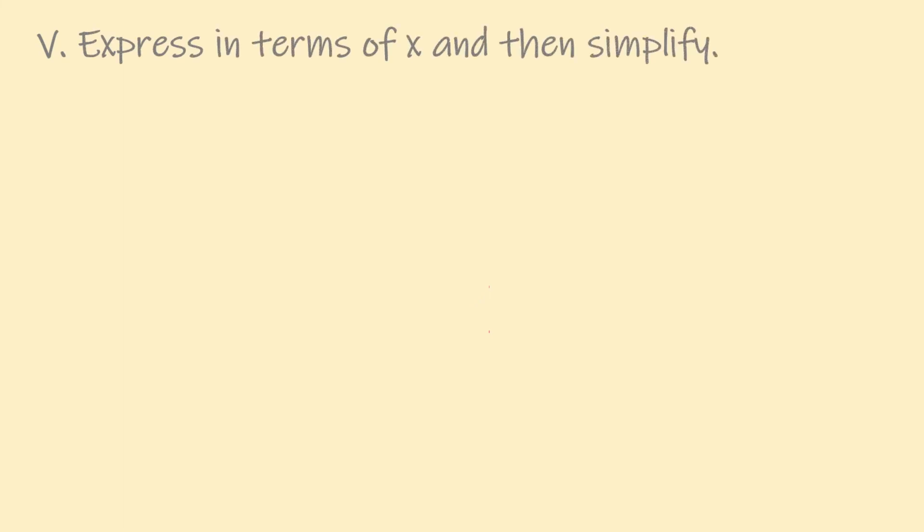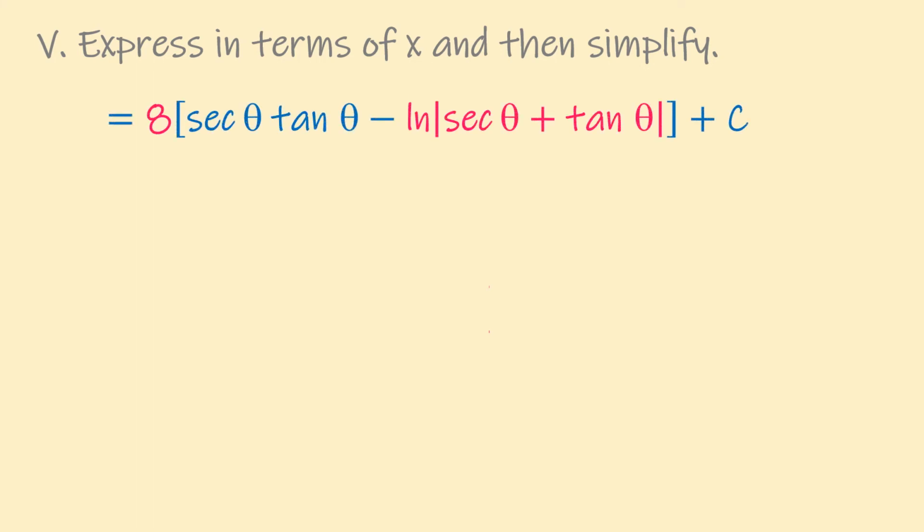Fifth, express in terms of the original variable and then simplify. Refer to the trigonometric substitution rule we formulated earlier. The tangent of theta and the secant of theta have the following expressions.